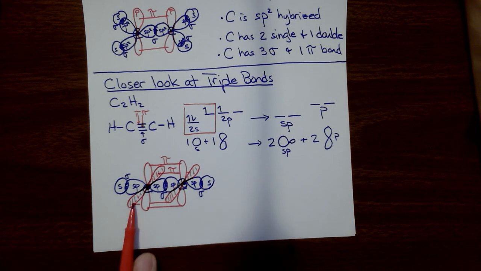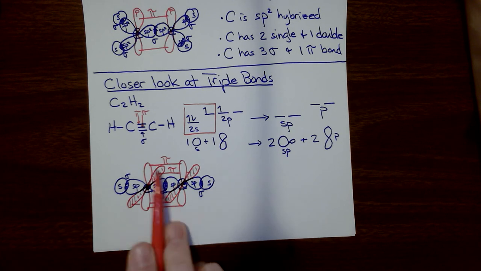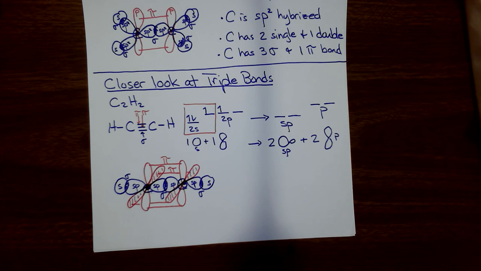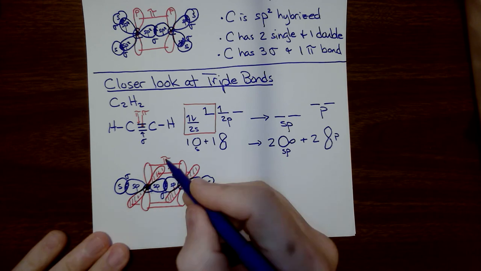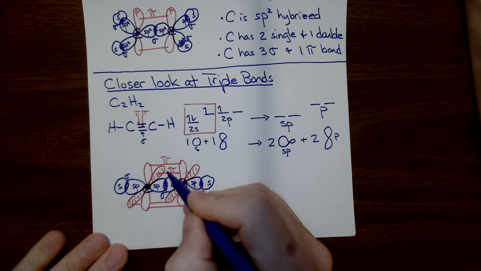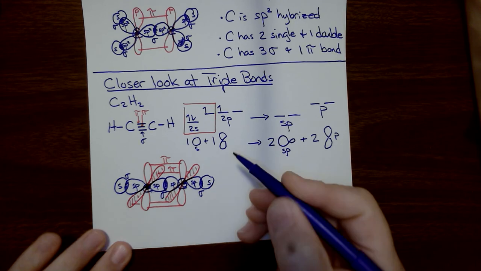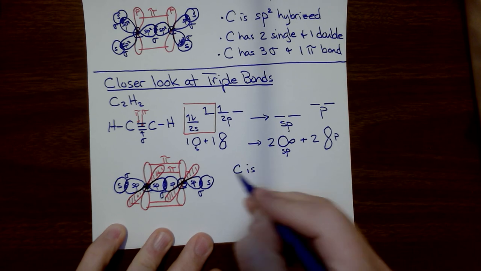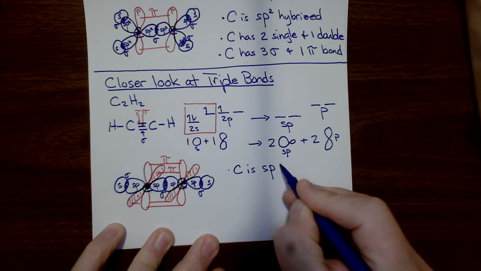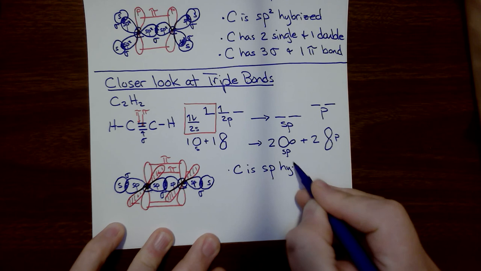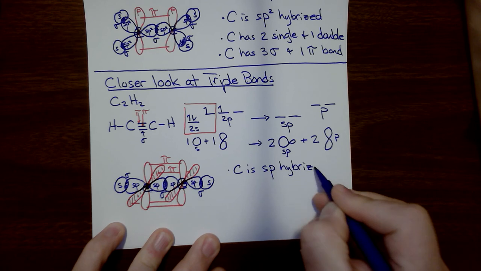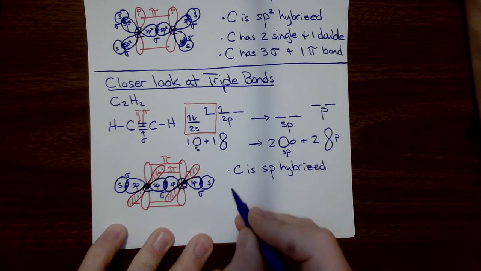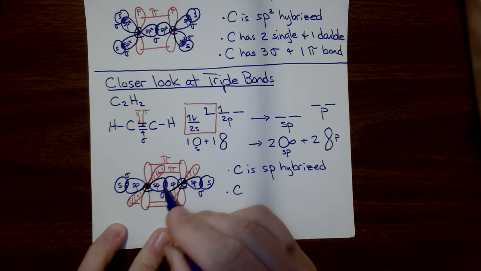So these shaded ones are overlapping, and then the ones up and down are overlapping. So if you look at it, I have 2 pi bonds and a sigma bond, so that's a triple bond, and then 2 single bonds. So in this case, carbon is sp hybridized, and since both carbons are the same, I'm just looking at one of them.